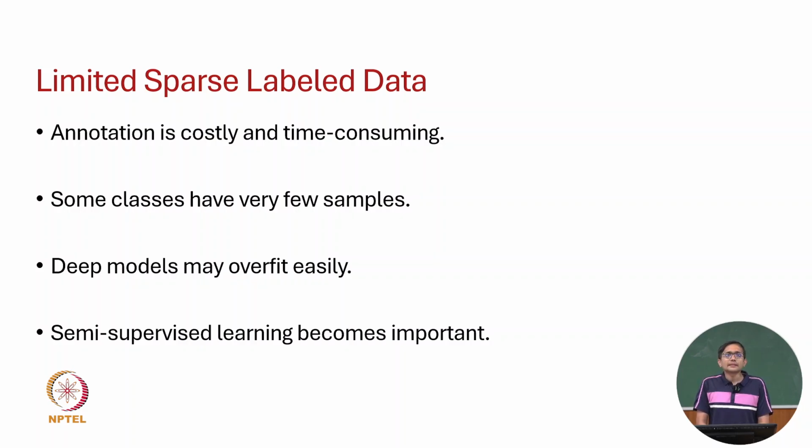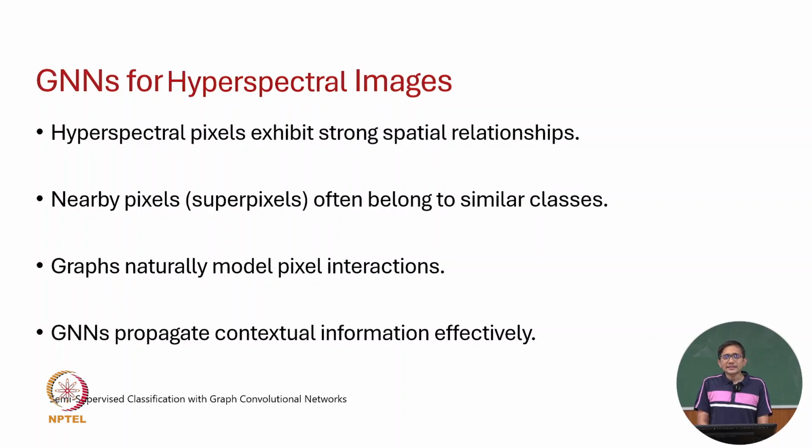Given this particular background that I just gave you, that given a particular scene, some of the pixels are labeled and some are not labeled, in this kind of scenario, interestingly, graph neural networks come into the picture. The graph neural network enables us to capture both spatial relationship and also spectral relationship. We'll come to spectral relationship soon.